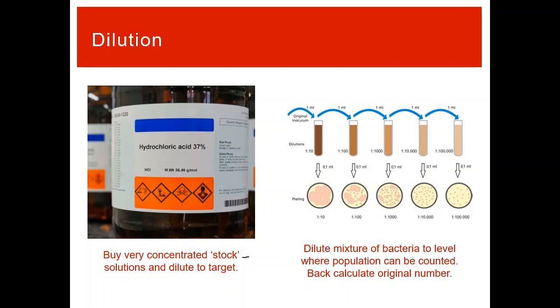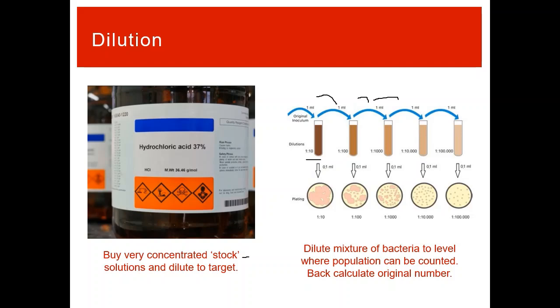It's also pretty common, especially in biology or any sort of science, if you're trying to analyze a mixture. Say you're trying to analyze a mixture of bacteria, and you want to know how much bacteria is in there. When you plate it out, you just get a ton of colonies and you can't measure it. So you do what's called serial dilution, where you dilute in a known way.